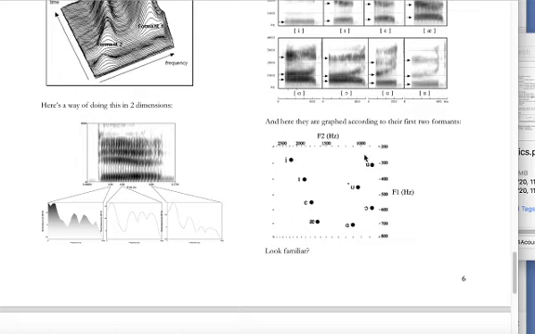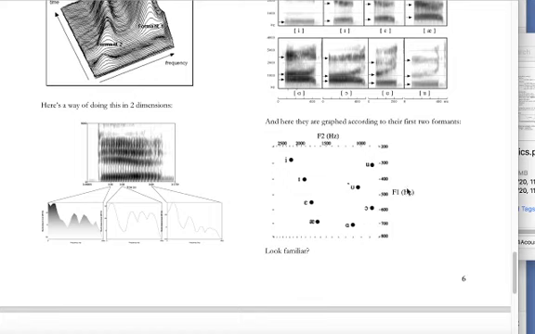F1 is tracking vowel height very, very closely, except backwards. So low F1, high vowels, high F1, low vowels. That's why this is on a reverse scale. F1 has lower values up here, higher values down here, because we're trying to preserve the shape of the IPA chart. Right?